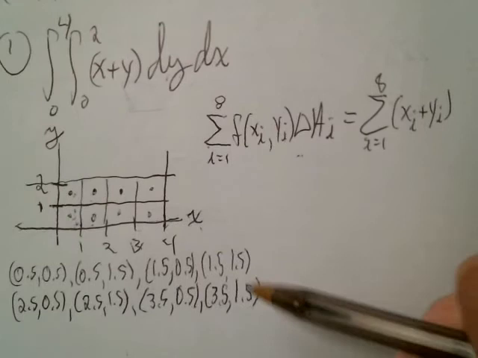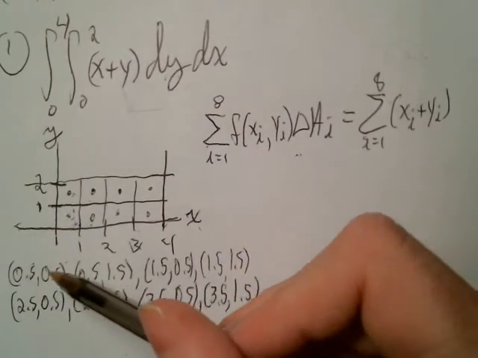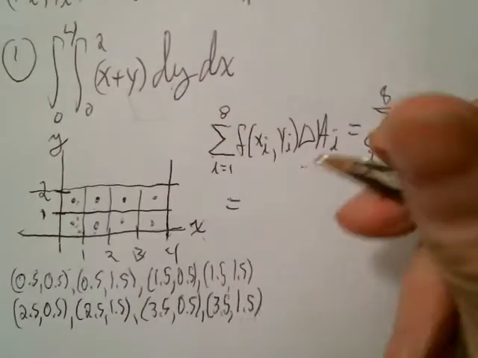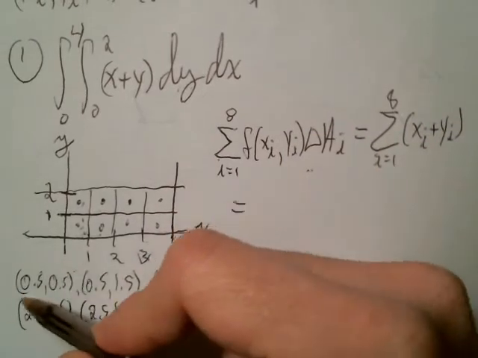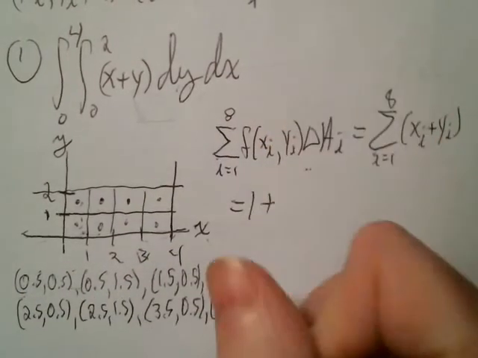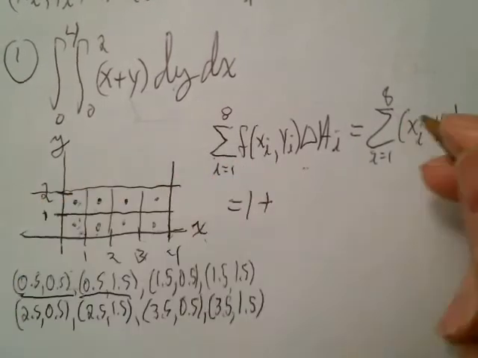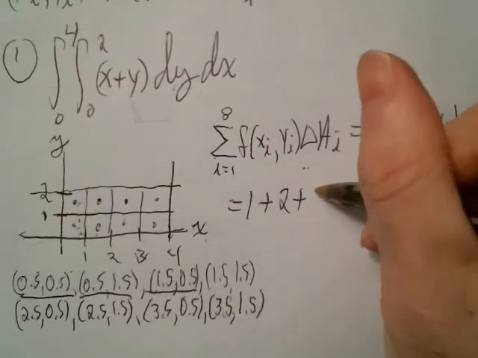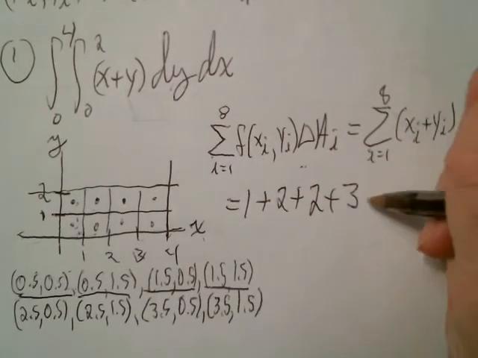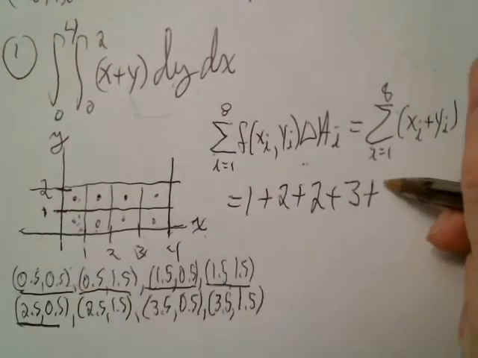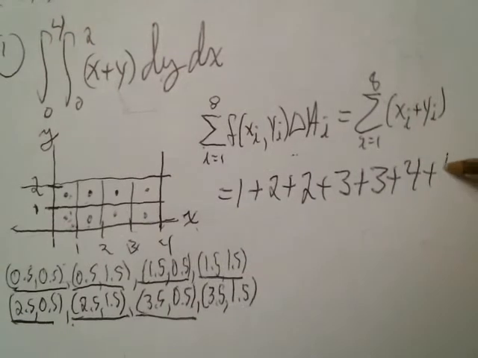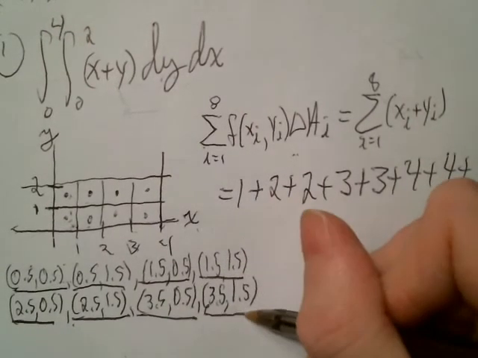So what am I doing overall? It's just adding x plus y plus x plus y plus x plus y plus x plus y. So this will equal 0.5 plus 0.5 for the first one, which is 1, plus 0.5 plus 1.5, which is 2, plus 1.5 plus 0.5, which of course is 2, plus 1.5 plus 1.5, plus 2.5 plus 0.5, plus 2.5 plus 1.5, plus 3.5 plus 0.5, plus 3.5 plus 1.5.